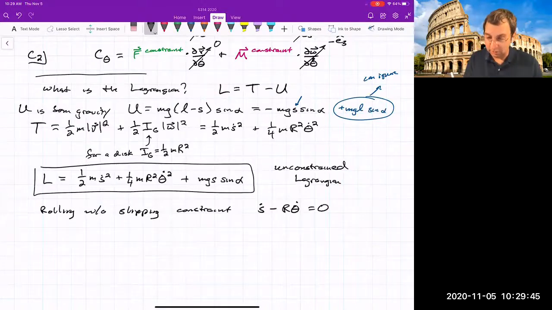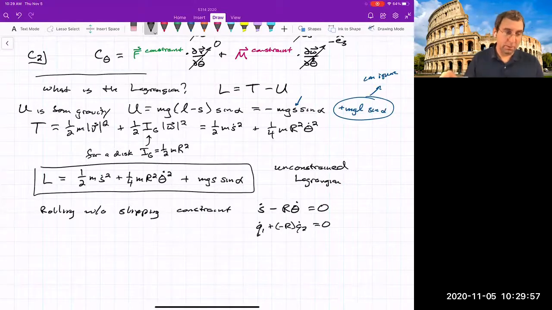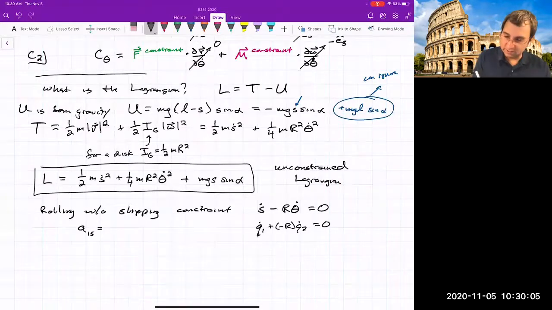Notice that this is in the form q1 dot plus something times q2 dot equals 0, so it's in the appropriate linear non-holonomic, or Pfaffian, form. We only have one constraint, so A1s is 1.